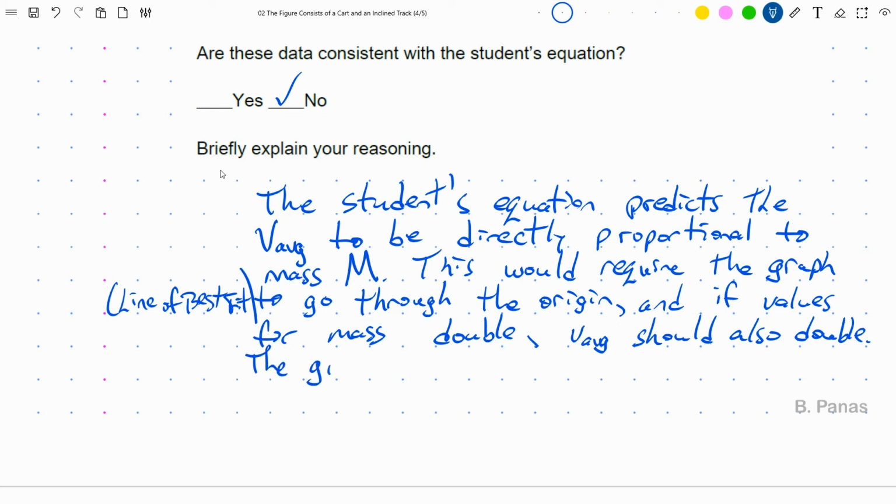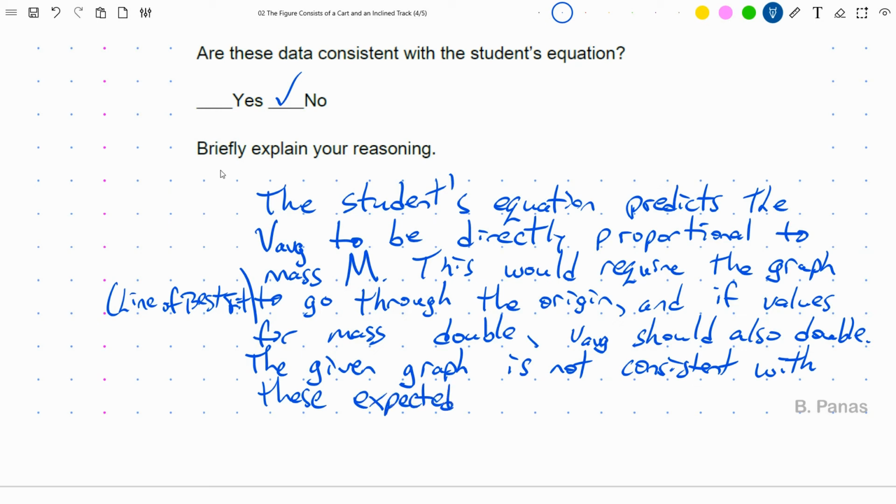The given graph is not consistent with these expected features. So it is not consistent. Okay, something like that.